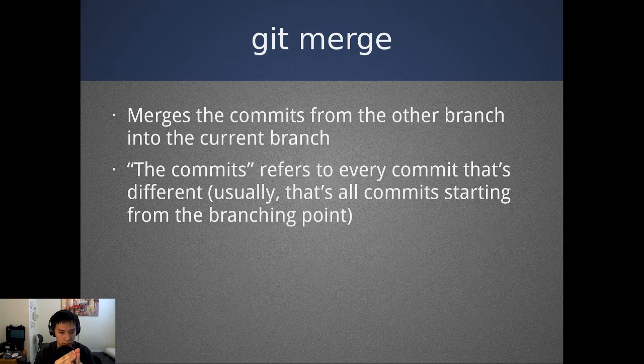Basically, when I say merge, I want to merge all of the commits that are different, everything from the point where they diverged, into the other branch, the current branch. There are a few what Git refers to as strategies, if I'm not mistaken, to try to merge the two branches.